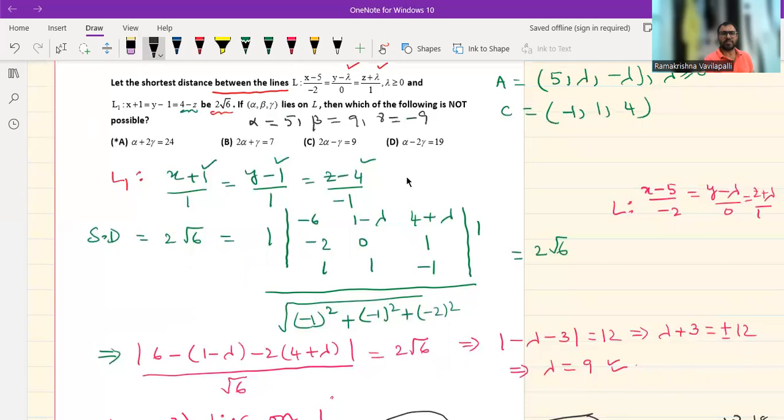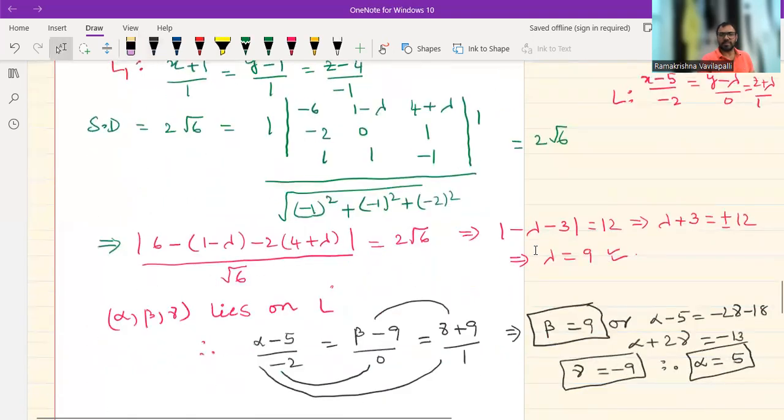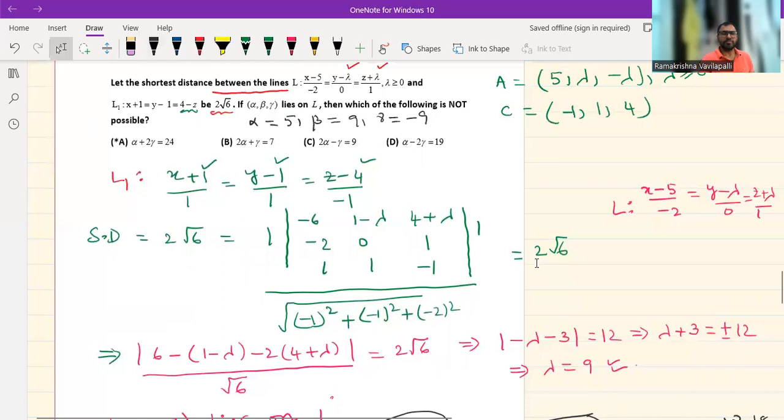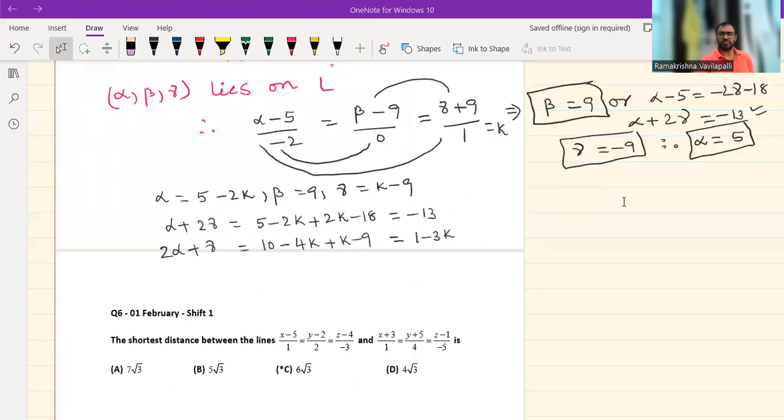You just verify the options. Let us see, for example, 2 alpha means 10 minus 2 alpha is 10 minus gamma. Let me check once. So this question is entirely different.